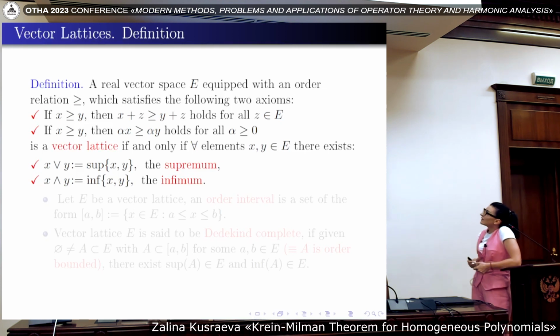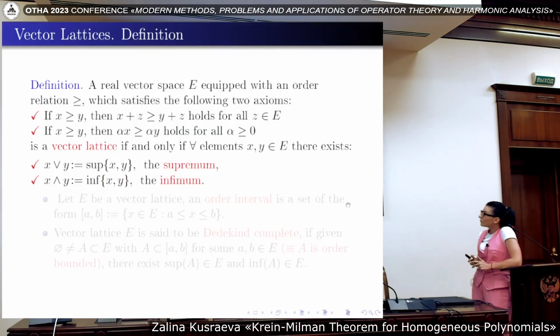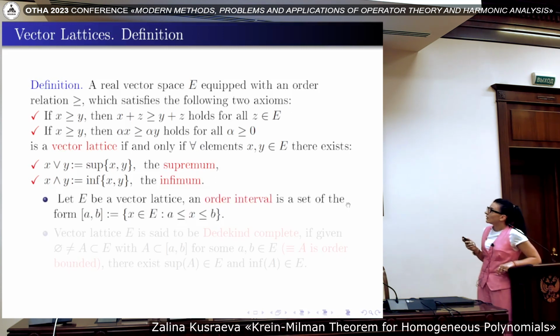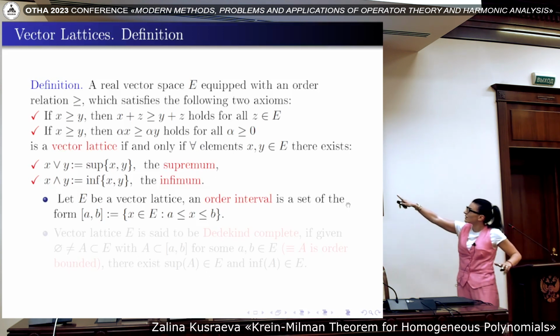So such a pair is a vector lattice if and only if for any two elements from X there exists a supremum and infimum. Also, we'll need the definition of order interval. You can see it on the slide.